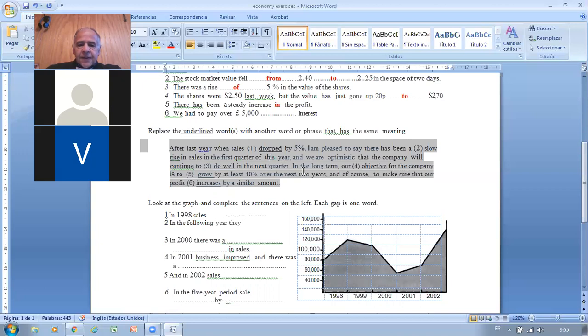Then you have some others here. Do well means they're growing. Slow rise is that they're going up very slowly. Yeah, etc. So this is vocabulary that you are supposed to know.